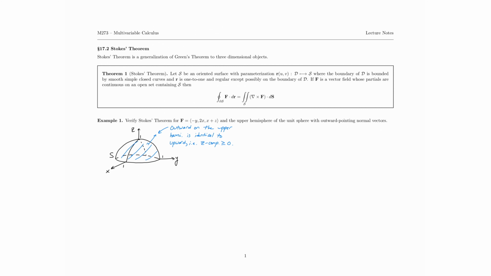So the way that we define orientation more generally, actually, is if you orient your surface, S, with a given normal vector, then we determine an orientation for the boundary by choosing a direction. So let's pick a point here on the surface and consider a path.